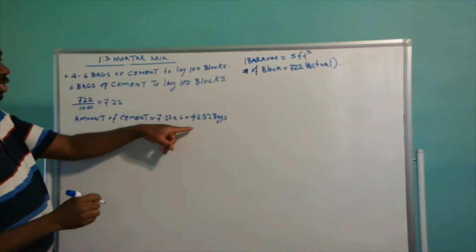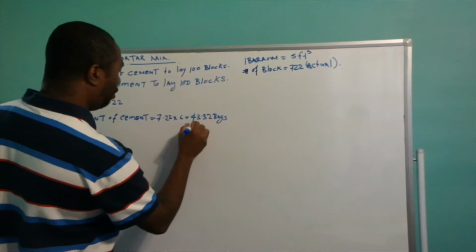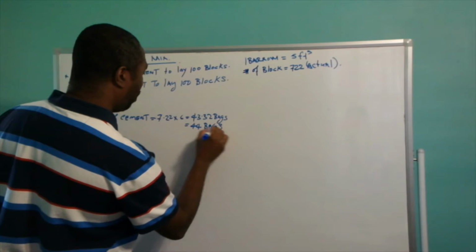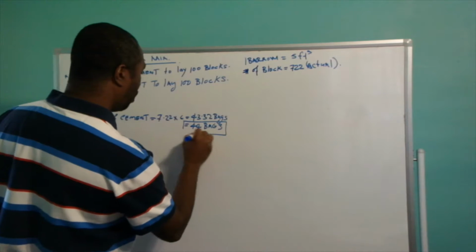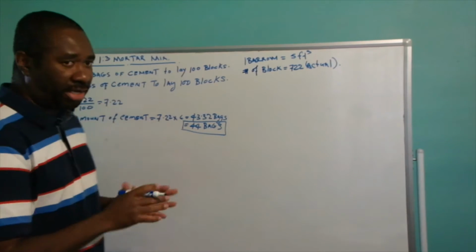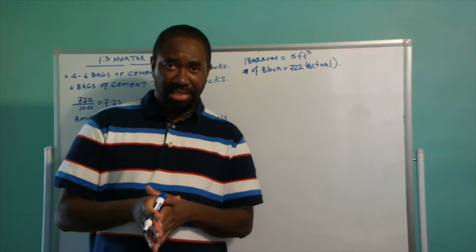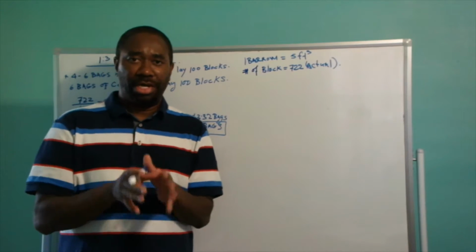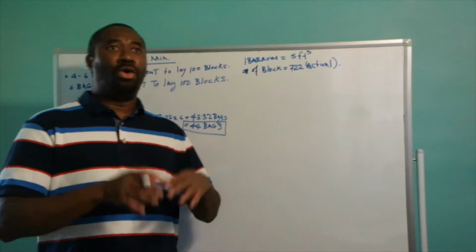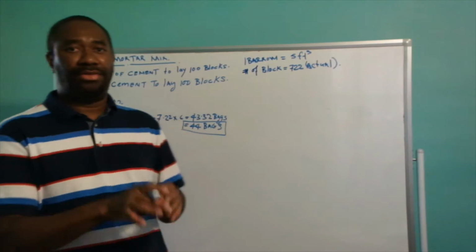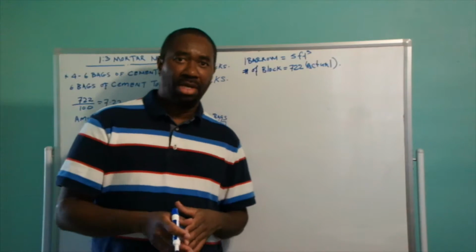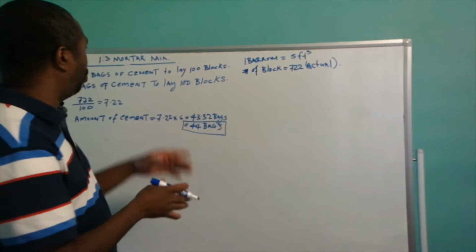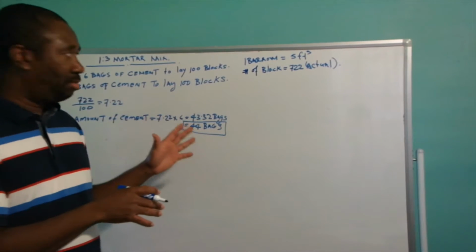We can round this up to 44 bags. So it is going to take 44 bags of cement to lay these 722 blocks. Now we need to calculate the quantity of sand or fine aggregate that is going to be needed to mix this 1-3 mortar mix.